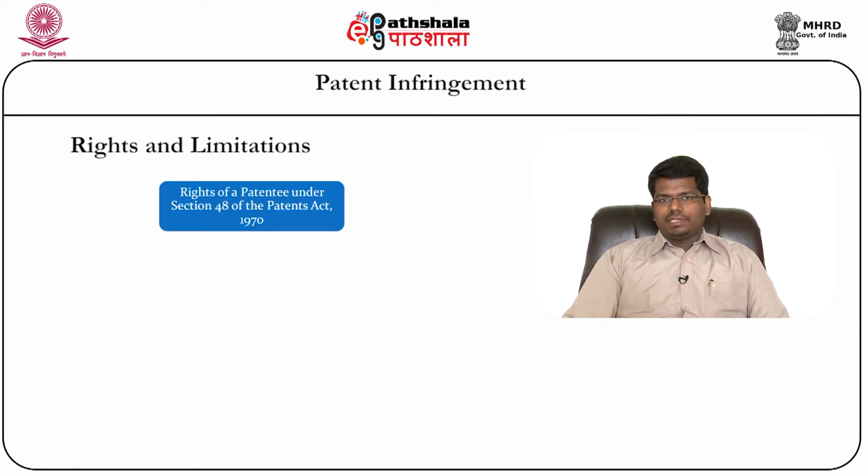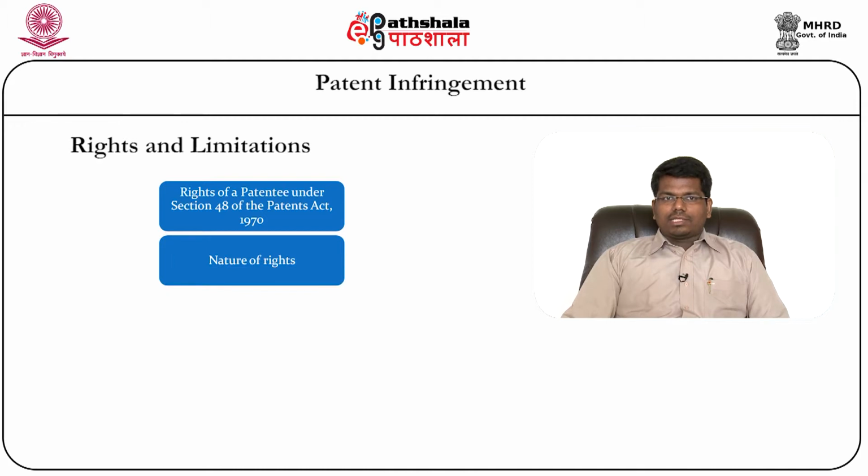When we speak of patent rights, the first thing that needs to be understood is what is the scope of the rights granted by the Patents Act to a patentee, and this is dealt with by section 48 of the Patents Act. Section 48 of the Patents Act, as most people already are aware of, grants exclusionary rights which are negative in nature, which means the patentee has the right to exclude all third parties from acts of making, selling, offering to sell, importing, so on and so forth, which do not have his consent.